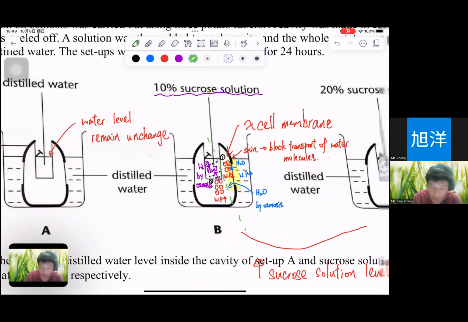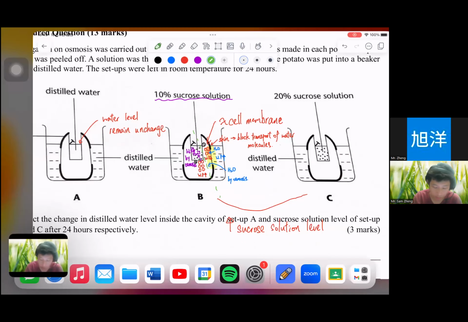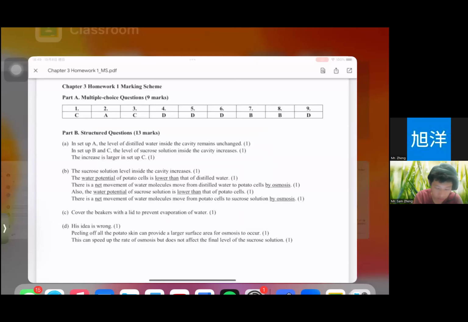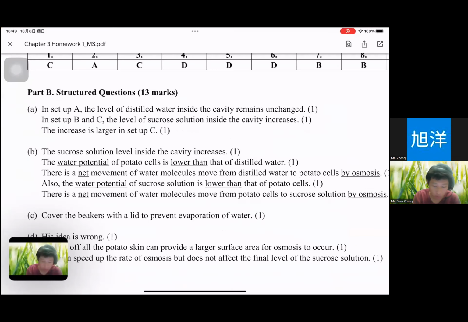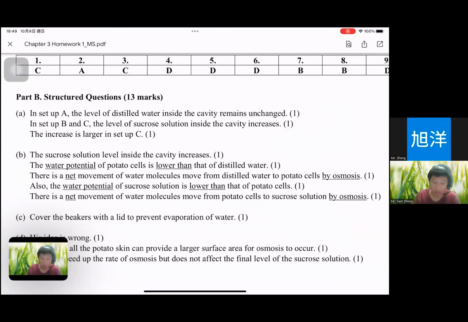If you are looking at the answer here, you will see that the sucrose solution level inside the cavity will be increased, which is how we describe the result. And next, the water potential of the potato cell is lower than that of the distilled water. Therefore, there will be a net movement of water molecules from the distilled water to the potato cell by osmosis.